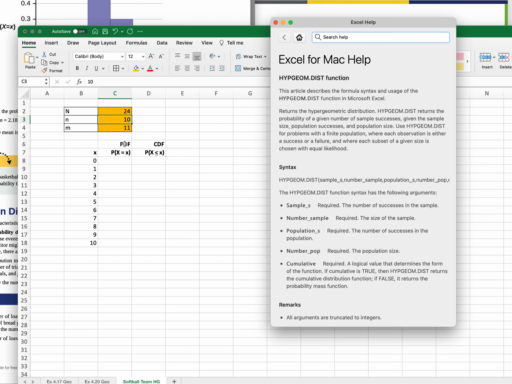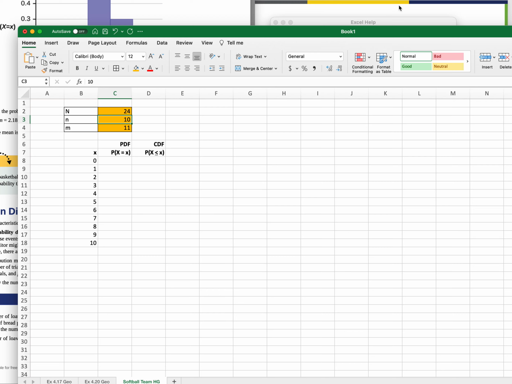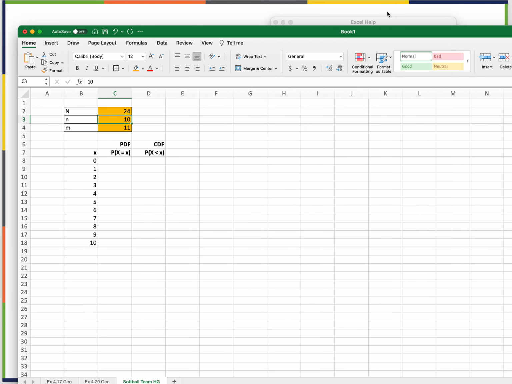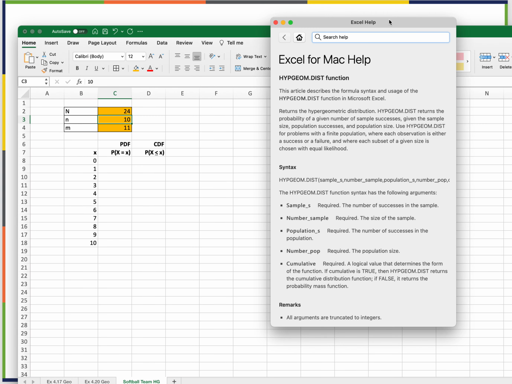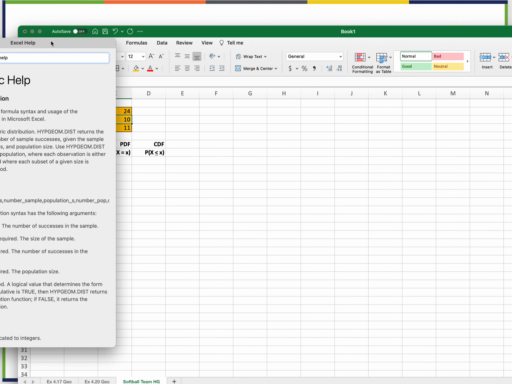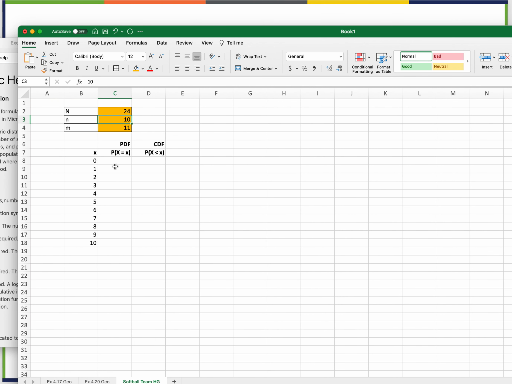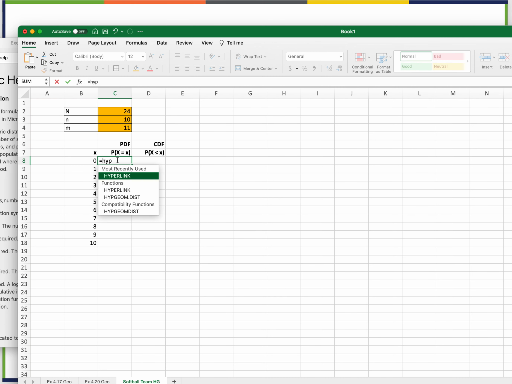So the sample, the number of successes in the sample, is going to be X. And then I just work backwards. So if I say, oops, sorry. I probably want to keep this off to my side here in case I need to refer to it. It equals HYPGEOM, and what's my sample_s?